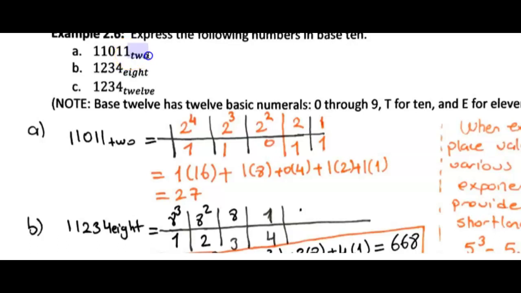Because this is base 2. 2 to the 0 power, 2 to the first power, 2 to the second power, 2 to the third power, and fourth power. So I skip 1 power there. And then when I multiply all of them, writing 11011 base 2 will be equal to 27 base 10.